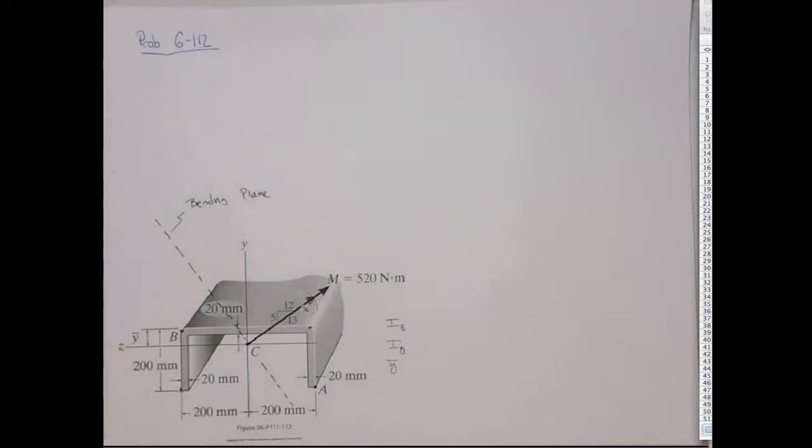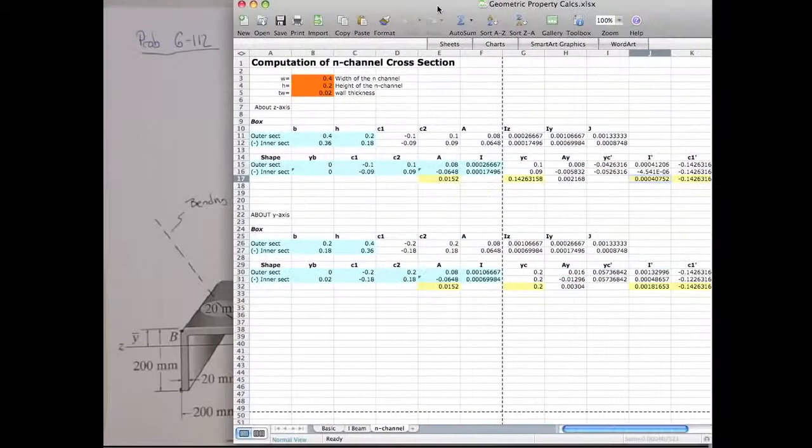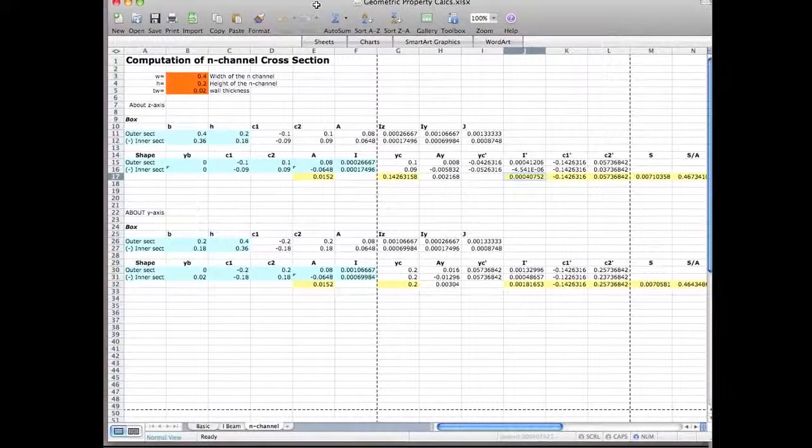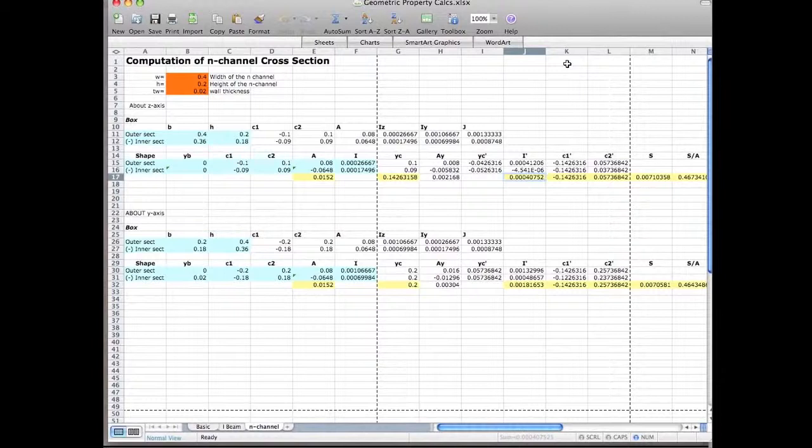If you look, I posted another video where I did the computation of geometric area properties using an Excel spreadsheet, and I used this as an example. Here's the spreadsheet. So you can look at that video, or you can do the calculation. I won't go through the calculation again. It's just parallel axis theorem and computing the centroid.